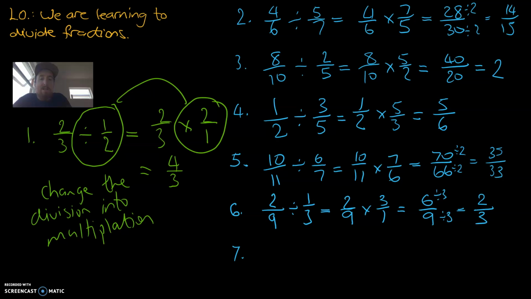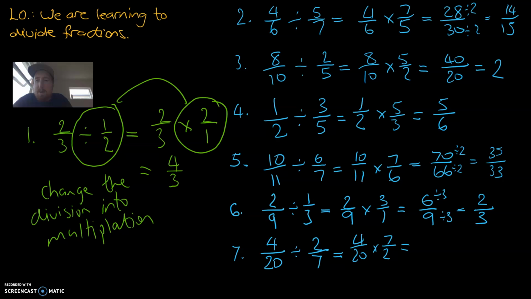And finally, let's do one more question. So let's do maybe a tricky question. Let's do 4/20 divided by 2/7. Let's see what that comes to when we simplify it. So again, let's flip that into a multiplication. So that's 4 over 20 times 7 over 2.